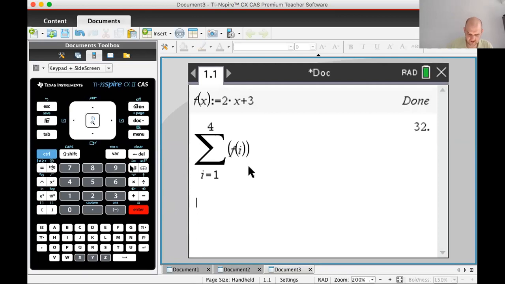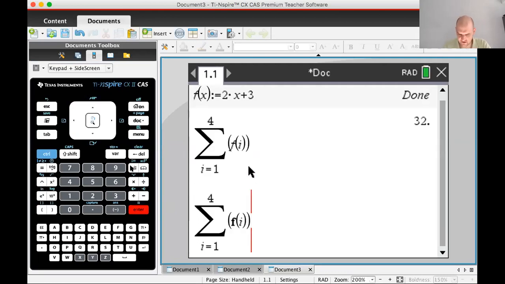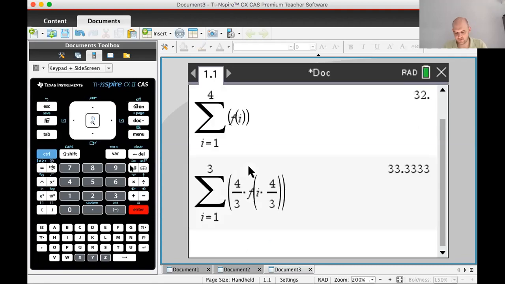So that's the first answer, equals 32. The next one, the one thing that is a little faster is updating it. So 4/3, and then i times 4/3, 33.33. I bet that's really close. 33.333. I mean, because that's like clearly a third. And then, is that close enough? Probably.